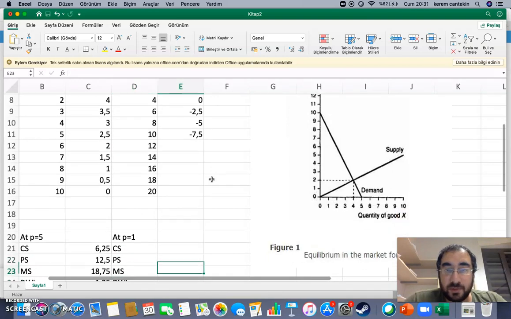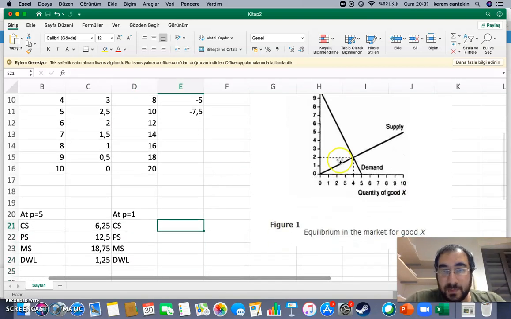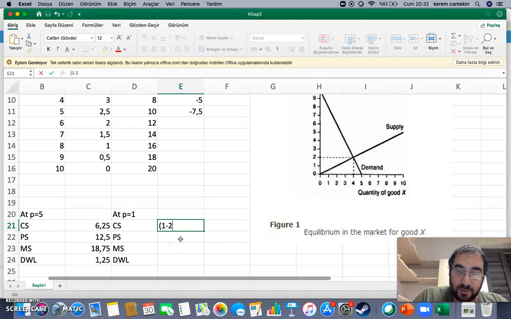So the producer surplus is this triangle. 1 minus 0, I'm sorry, times 2 times 0.5.